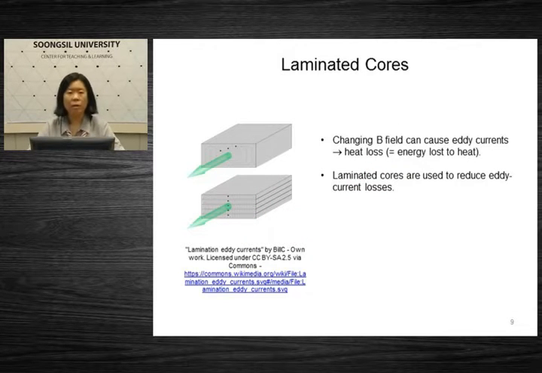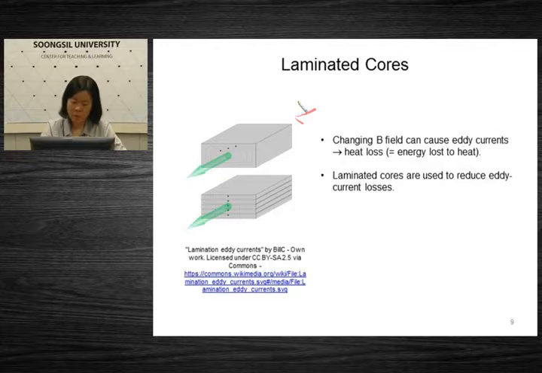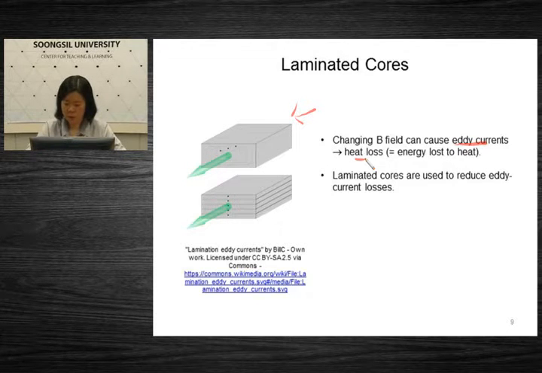So there is a way to reduce the eddy current. If we have a core created by iron, then we may have eddy current due to the changing magnetic field, and due to eddy current we may have some heat loss.